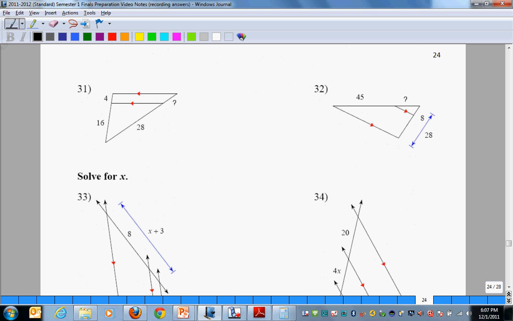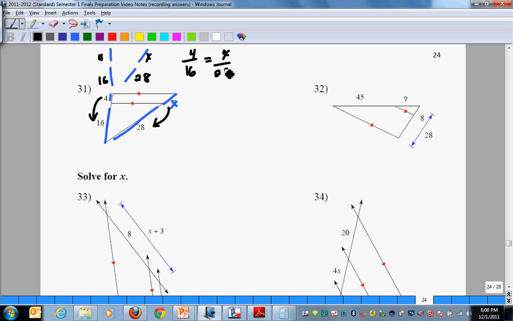And 31. We have an unknown x here. We also have 28, 4, and 16. Since our information is limited strictly to what's called the segments, we can solve this way, which would be, we can do 4 over 16 equals x over 28.